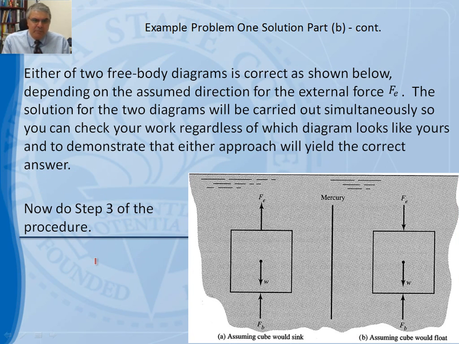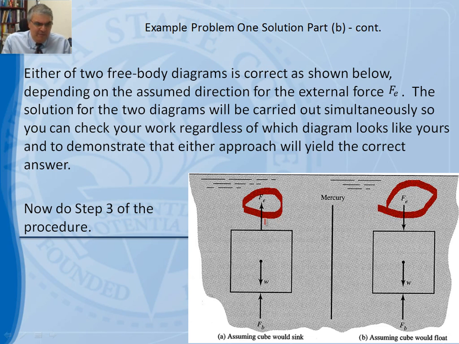Okay, so we're going to draw the free body diagram. It's pretty much the same, exactly the same as the previous problem. So in this case, both of the free body diagrams shown here are correct.